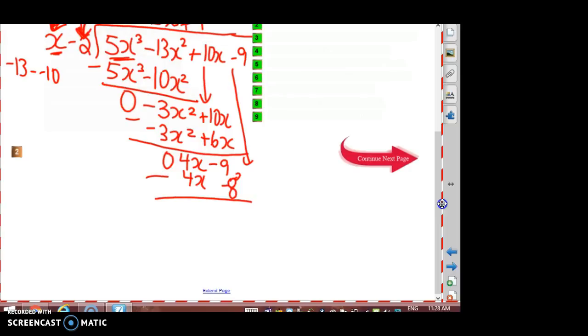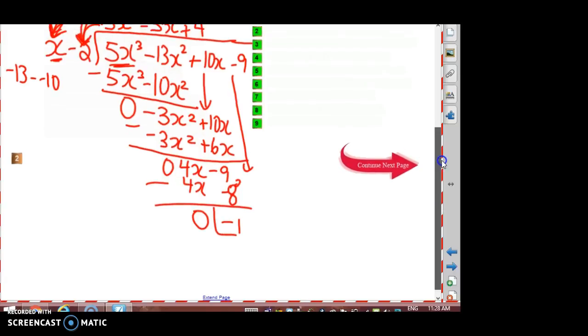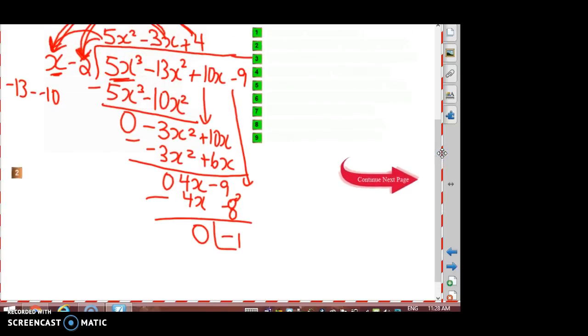Okay, and we subtract. 4x minus 4x is 0, and a minus 9 minus a minus 8, so that's minus 9 plus 8, is a negative 1. Okay, so we ran out of numbers, we end up with a negative 1. So that is our remainder. So how we write this in the end is, this is what we got when we divided. So that is our answer.